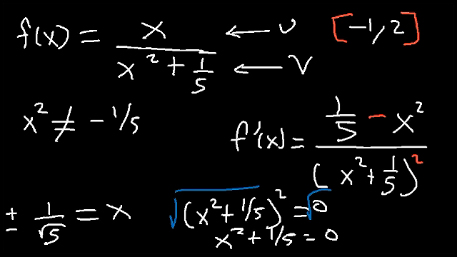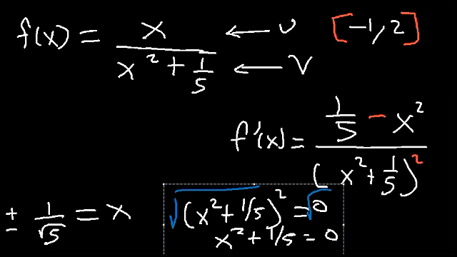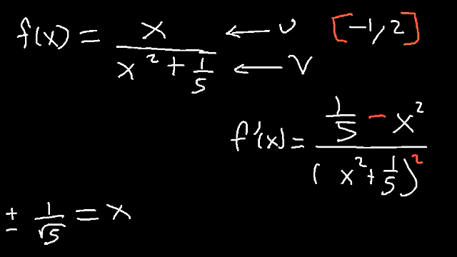So therefore, we're not going to get any critical numbers from the denominator. So the only critical numbers that we have are plus or minus 1 over square root 5, which as a decimal is 0.447. So I'm going to round that and say it's 0.45.